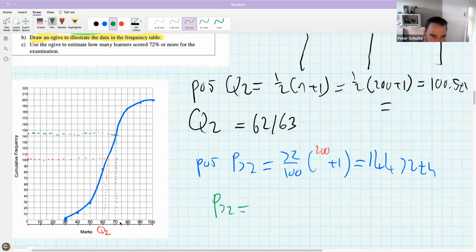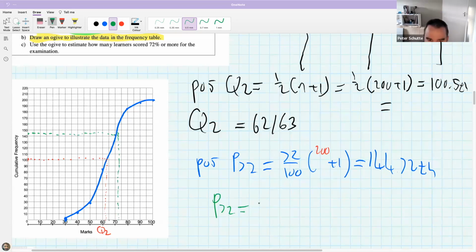So P72, if I look at it, 144 is about there. I think maybe I've gone a little bit off. Let me just try and do this over here. I think it's probably a little bit further up, so probably more towards the middle there.